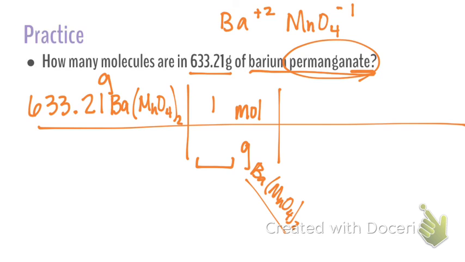Barium 137.3 plus... what did we get for our molar mass? 369.328.